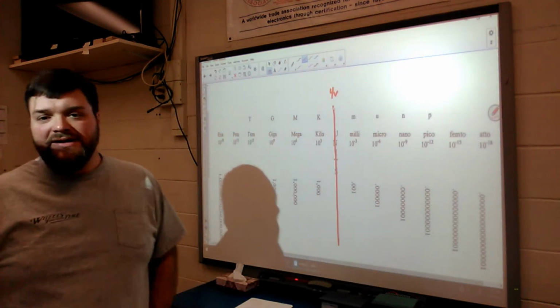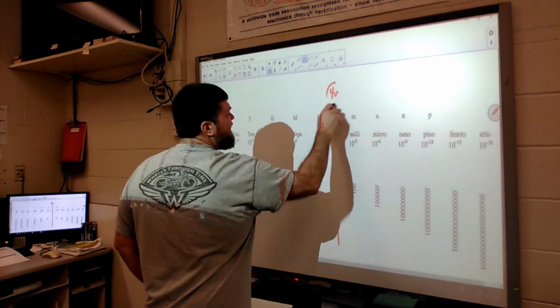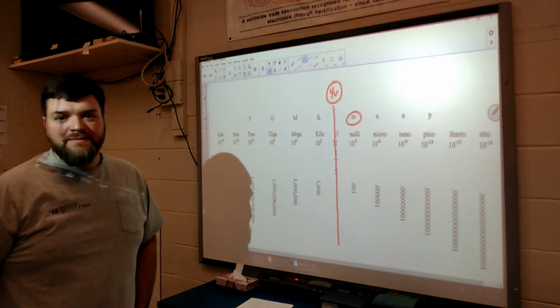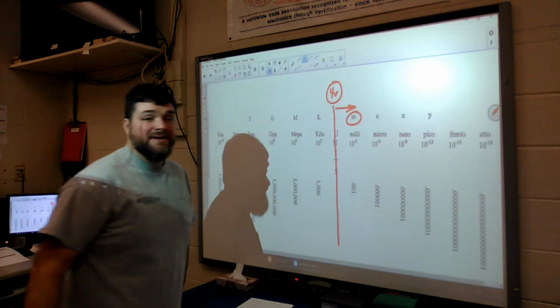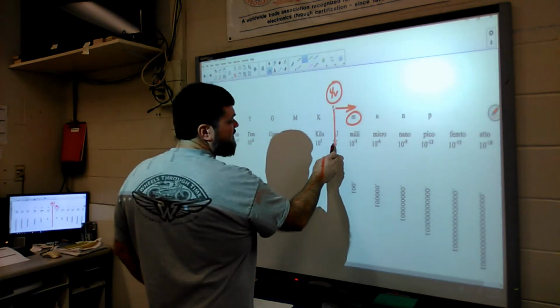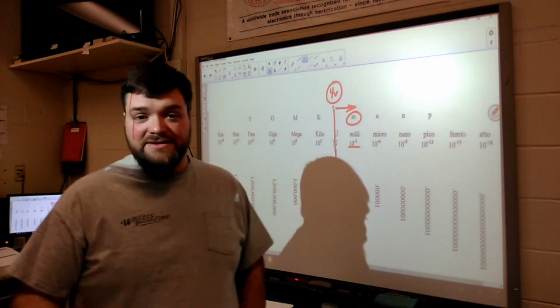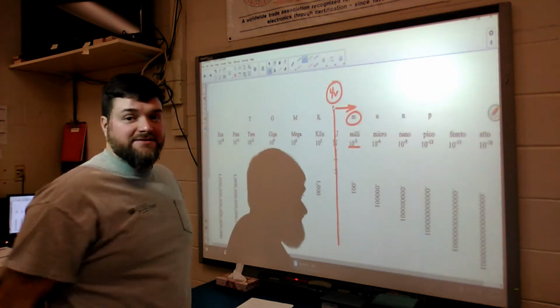We need to convert it to millivolts, so we're going to go from our baseline over to milli. Our decimal is going to go from left to right. How many places? Well, what's the difference from the baseline? -3. That's a difference of 3 places, so we just need to move our decimal 3 places to the right.